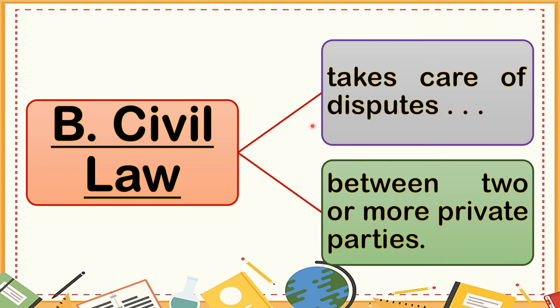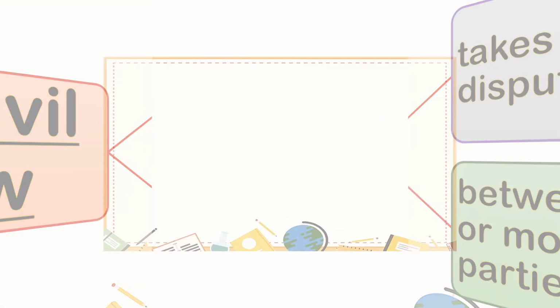I already mentioned to you that civil law is a dispute or disagreement between a person and a person, or a person with a group of people, or it can be an employer to its employees, or vice versa.